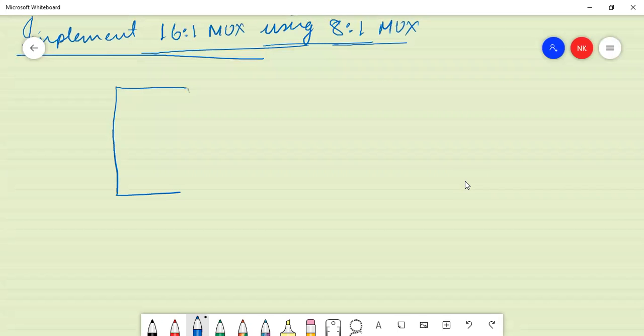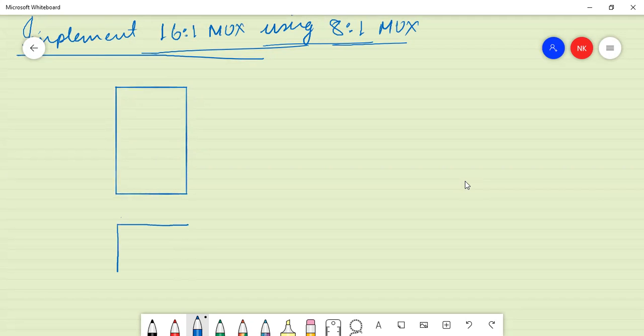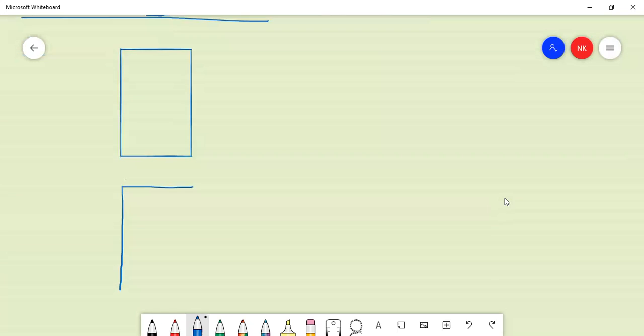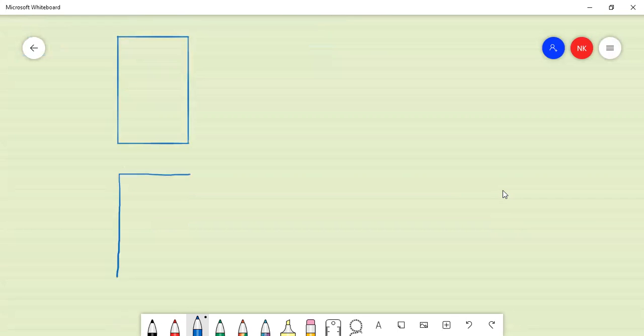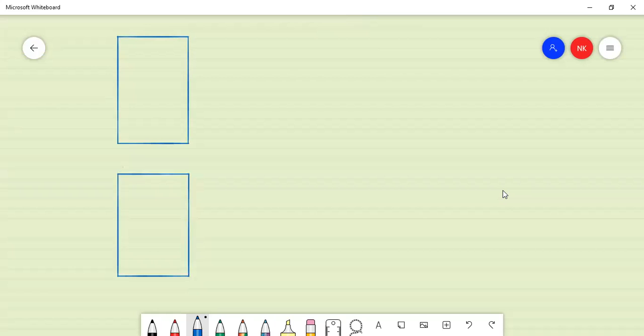Okay, we have 2 8:1 mux. So this is 8:1 and this is also 8:1.